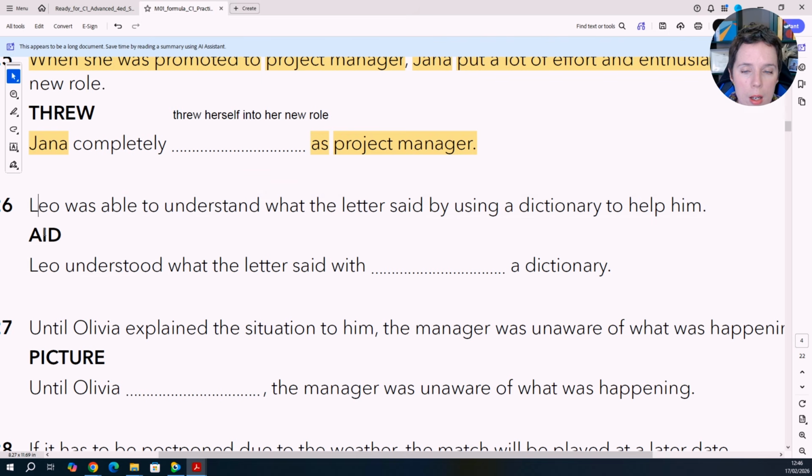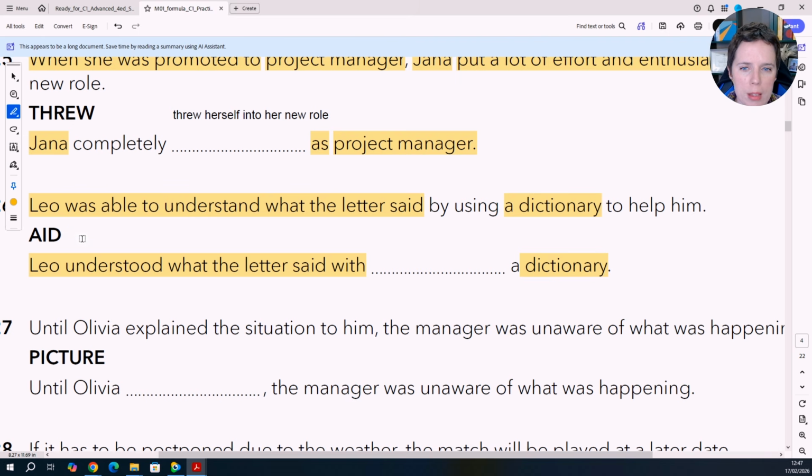We had the word aid, and Leo understood what the letter said with a dictionary. Okay, so again, we're going to highlight some words here. So we've got Leo was able to understand what the letter said. Leo was understand what the letter said by using a dictionary to help him. And we've got a dictionary. So the only things we've got left are by using to help him, and we've got aid.